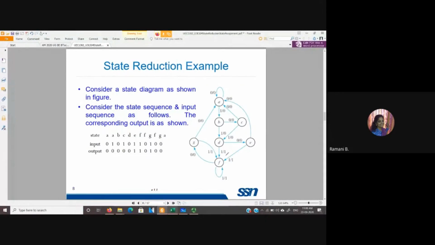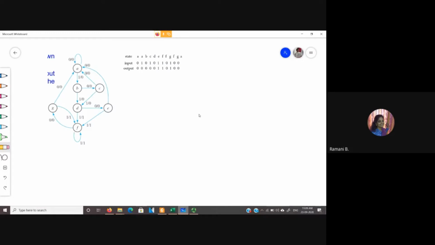Here you are given the state diagram. From the given state diagram, we shall first write the state table. Here you have states A, B, C, D, E, F and G. So first we denote the present state.